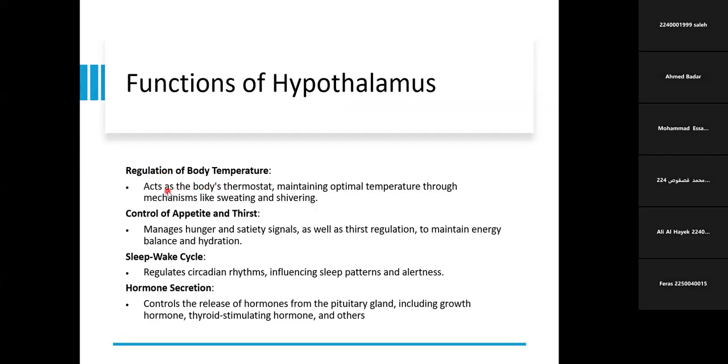We learned it. Our temperature thermostat is in the hypothalamus. Our appetite, ju', it controls our hunger. It controls our satiety, shaba, meaning I am full, I don't want to eat. Our thirst, we have a center for them in the hypothalamus.